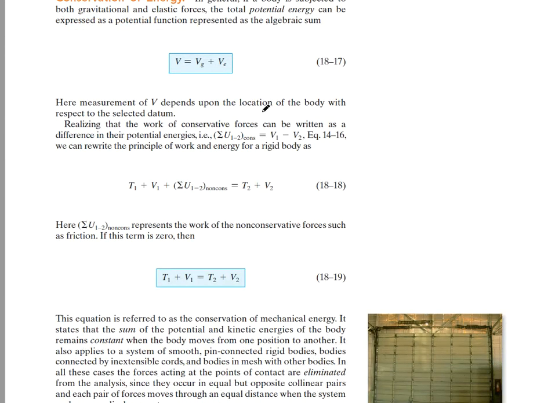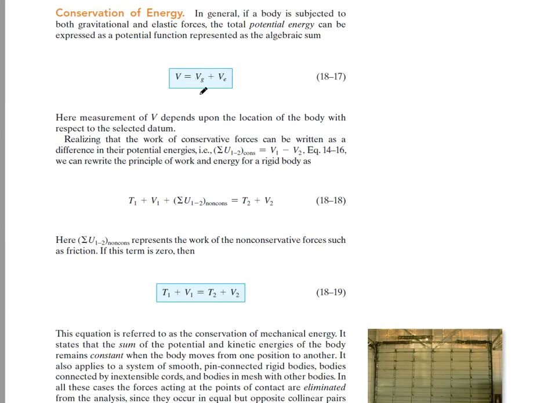So we have this conservation of energy, stating that the sum of kinetic, gravitational and elastic potential energy is a constant. If there's no work done between two configurations 1 and 2, that is, no work of external forces other than elastic and gravitational forces, then the energy is conserved.